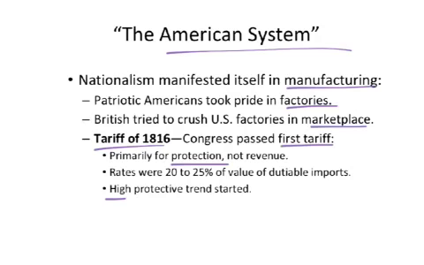So Congress tried to protect American manufacturing by passing the Tariff of 1816. It's the first tariff passed primarily for protection, not to raise money for the government. The rates were 20 to 25% of the value of dutiable imports, and a very high protective trend started here with the tariffs.